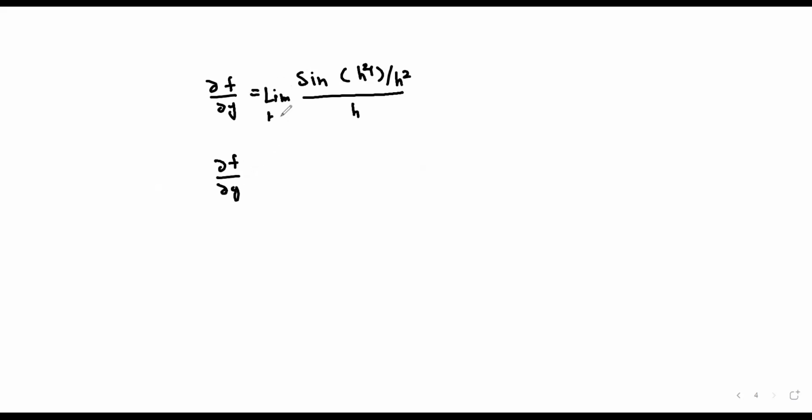Okay students, now partial f by partial y is equal to sine of h raised to power 4 divided by h squared, divided by h. Now can I write this in this form: partial f by partial y is the limit as h approaches 0 of sine of h raised to power 4 over h cubed.